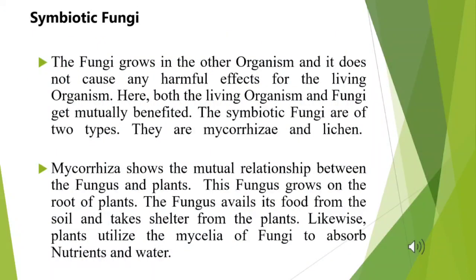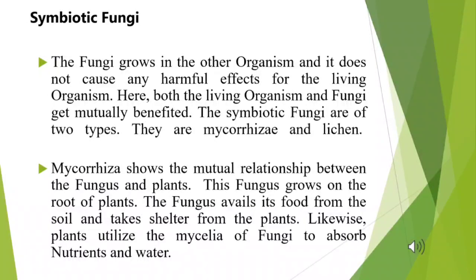And the last type of fungi nutrition is symbiotic fungi. The fungus grows in another organism and does not cause any harmful effects for the living organism. Here, the host and the fungus get mutually benefited. The symbiotic fungi are of two types: mycorrhizae and lichen.